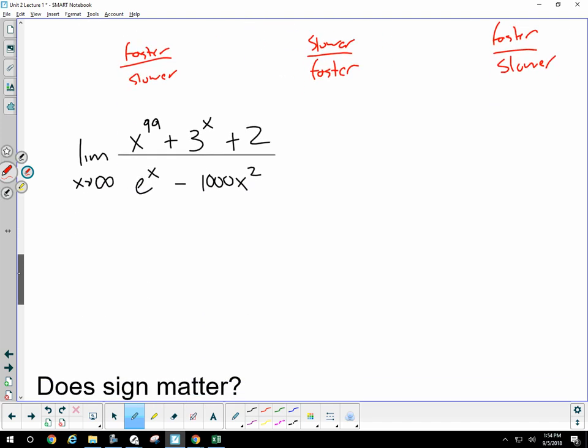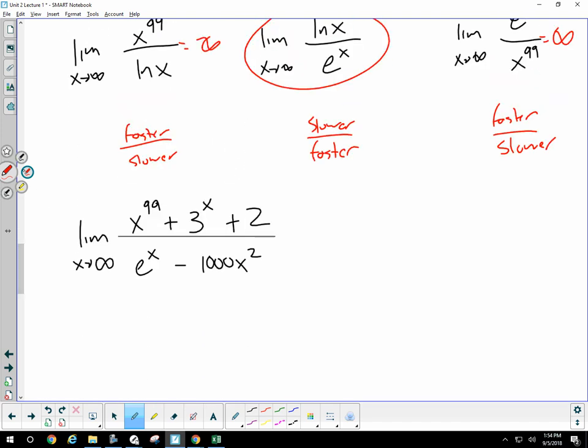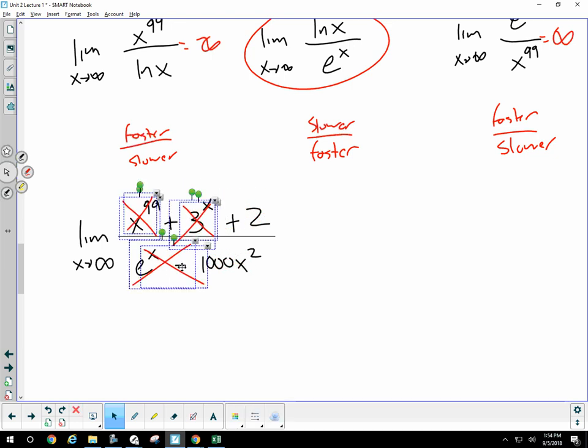We have to be careful. We see a limit like this, x approaching infinity. In all the other examples, we just started crossing out what was to the right of the first one. But in this case, we know that 3 to the x grows faster than x to the 99th. That didn't work.